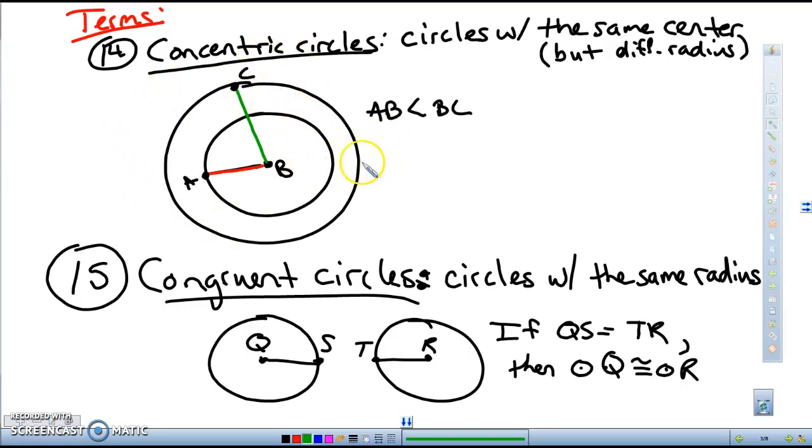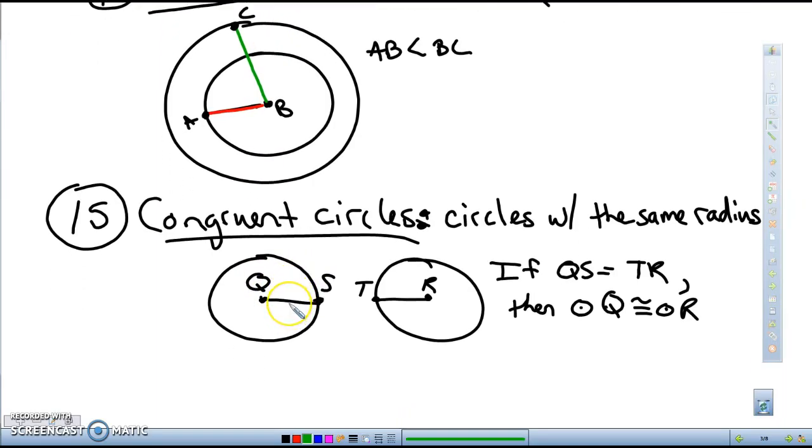So if I were to just say, hey, where's circle B, you'd need to know a little bit more information. In this case, the small circle B has radius AB, and the big circle B has radius BC, and obviously AB is going to be less than BC. But the idea here is that we've got concentric circles: same center, different radii, or different distance from that center. And again, concentric tells you exactly what those are. They share a center. They're co-centered.